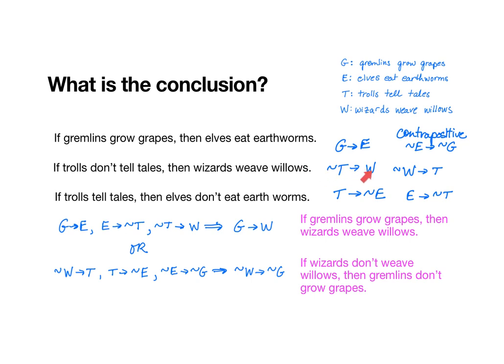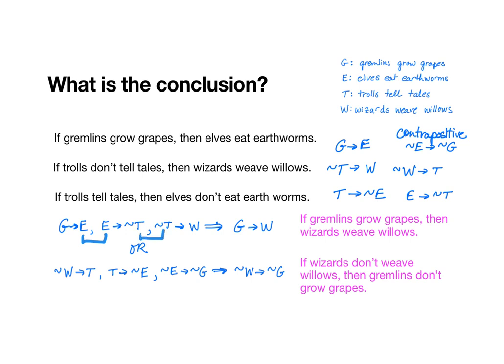So not T implies W. I could also write that as not W implies T, flipping and negating. If trolls tell tales, then elves don't eat earthworms. T implies not E. Contrapositive, flip and negate: E implies not T. So you're looking for ways to link all these together with chain of reasoning.